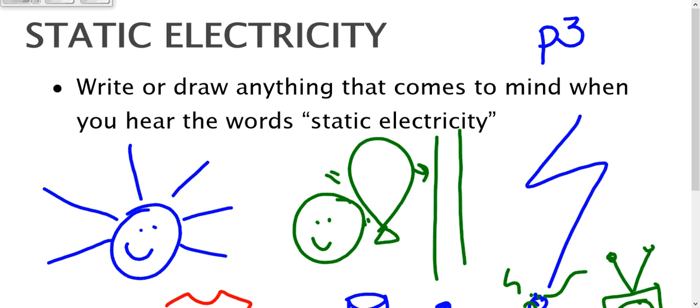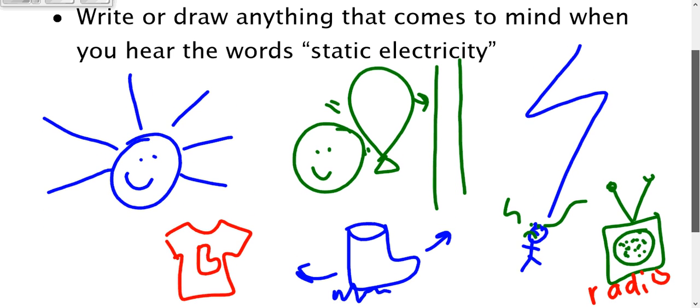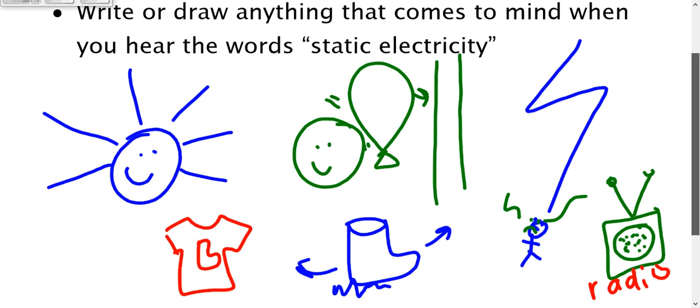All right, so hopefully you had a chance to write or draw anything that comes to mind when you hear the word static electricity. We're obviously not in class, so we can't share our ideas together, but these are what some people have come up with in the past. So we've got some lightning here, right?